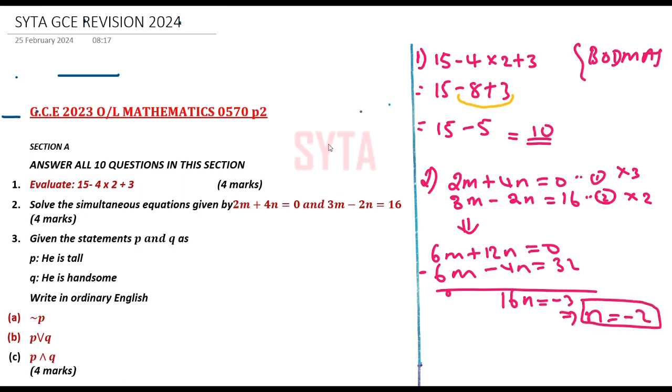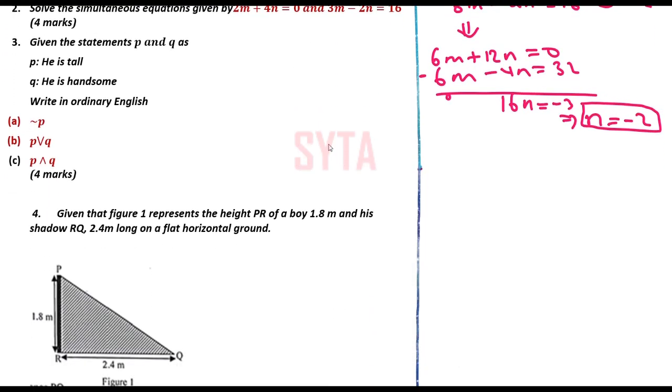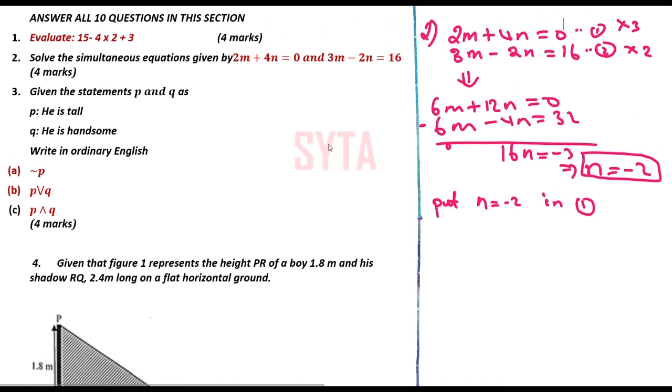Very good. And so we solve for m. We now substitute this value. We put n equal to negative 2 in equation 1, for example. In equation 1, we had 2m plus 4 into negative 2 equal to 0.